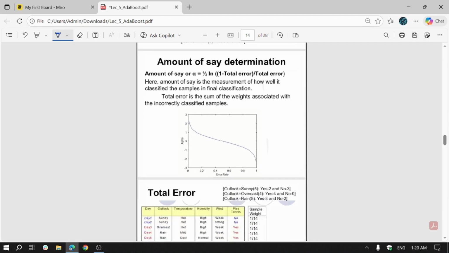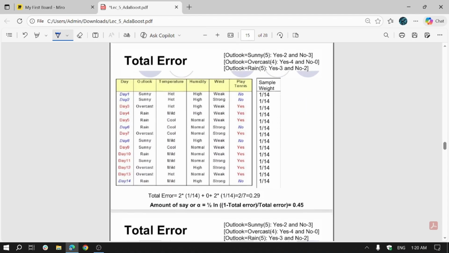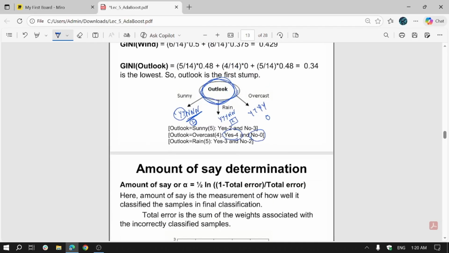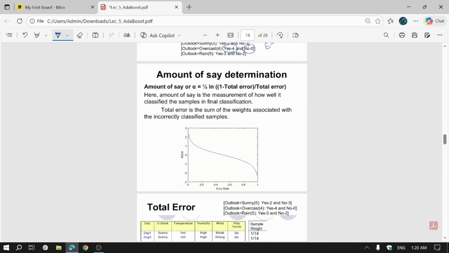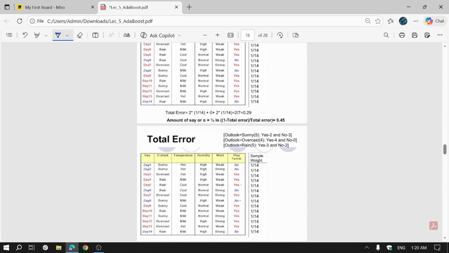So we have to find out the total error from here. Total error will be 2 into 1 divided by 14 plus 2 into 1 divided by 14. So what will be the answer? Here you can see 2 into 1 divided by 14.